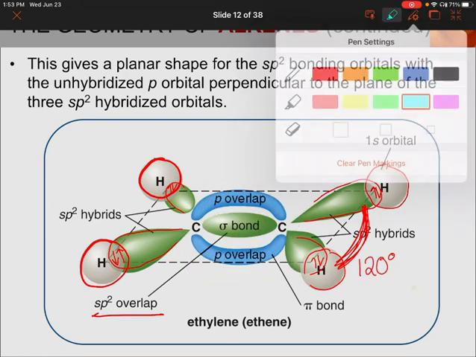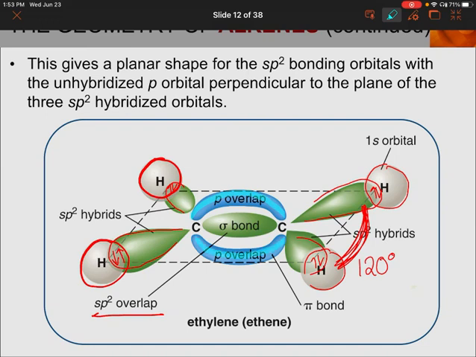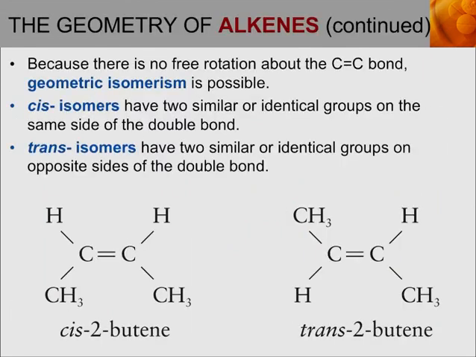Okay, so we said that we form these p overlaps above and below, and that's our double bond. In order to flip one of the carbons over, we would have to break these p overlap bonds. But they're really strong bonds compared to single bonds, so it would take a lot of energy to break that bond. So unfortunately, there isn't free rotation around a double bond. So there is no free rotation about a carbon-carbon double bond.